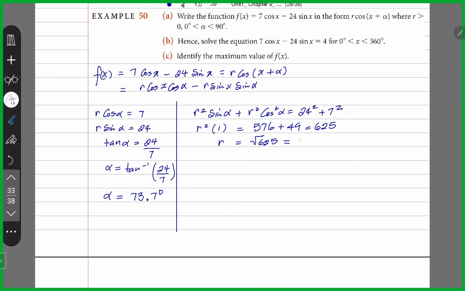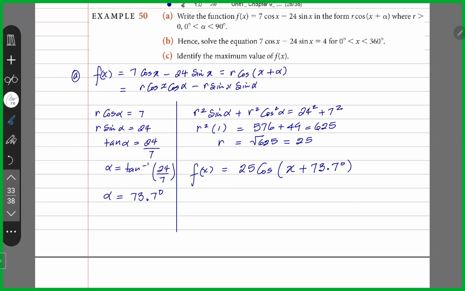So r is 25. And so 7 cos x minus 24 sin x is equal to 25 cos(x plus 73.7 degrees). So this takes care of A.